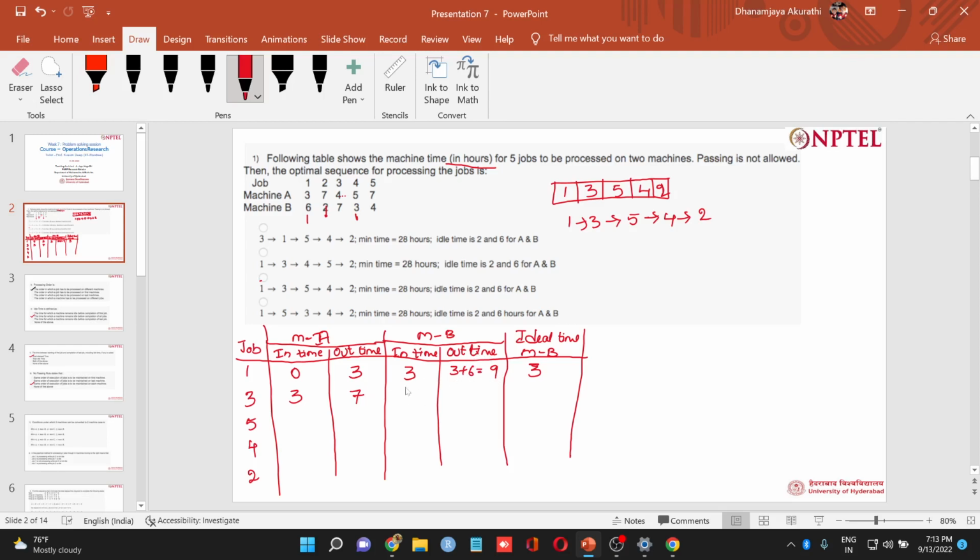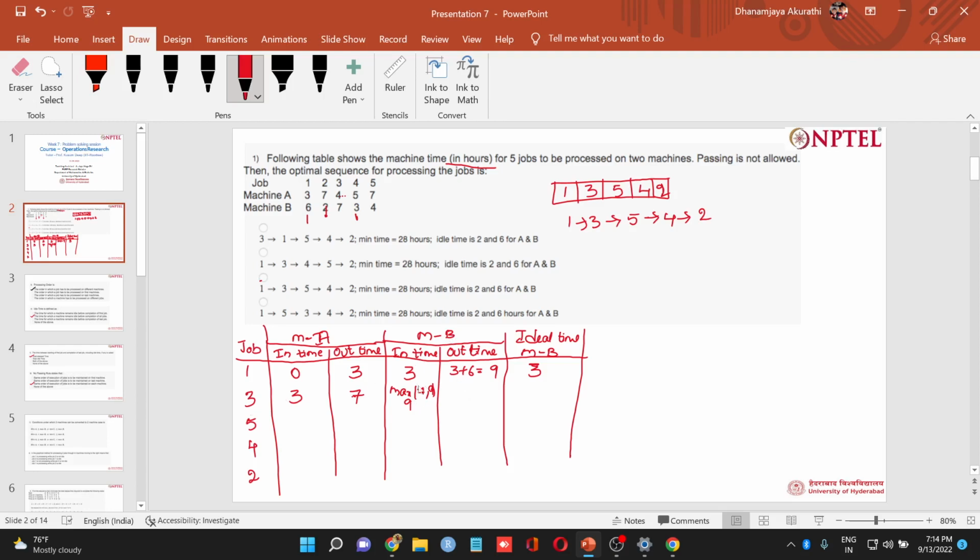So the in time of mission B is the maximum of the out time of mission A or the previous out time of mission B. Here the maximum of 7 and 9 is 9 hours. At the 9th hour only, mission B can process job 3.